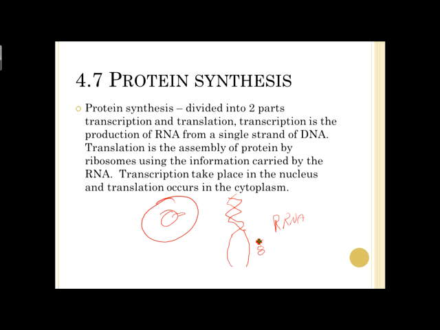So translation occurs in the cytoplasm. In the ER, where you have ribosomal RNA in the ribosomes, these 3 codons are translated from what the messenger RNA has brought out of the nucleus. We have mRNA, and tRNA here that will transfer to the ribosome, and then we get protein production.